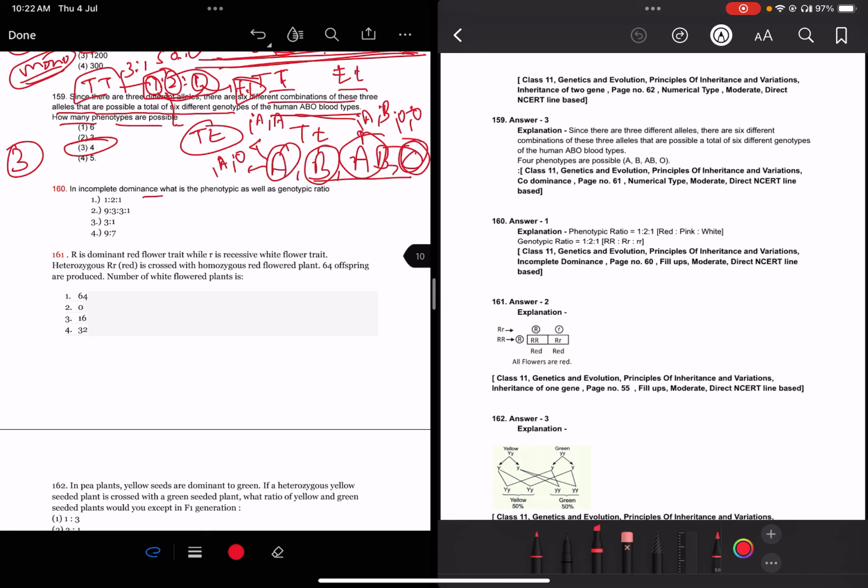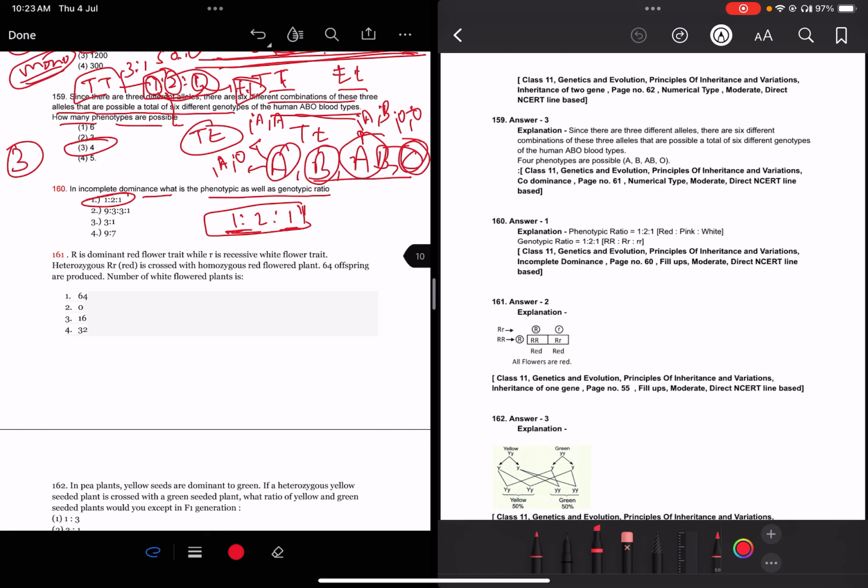In incomplete dominance, what are the phenotype and genotype ratios? Both are the same, because there is no complete dominance of one allele over another. Tall, dwarf, and the intermediate form. So both the genotype and phenotype ratio is 1:2:1.